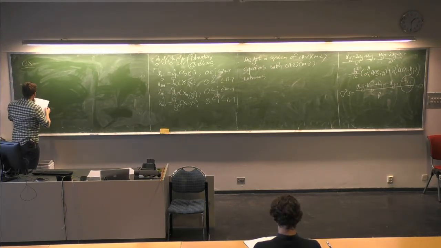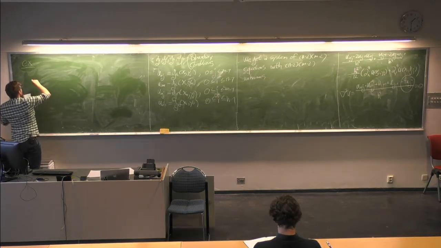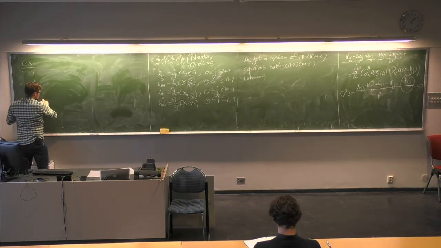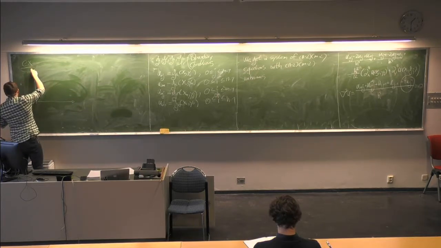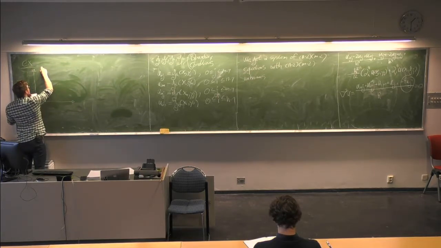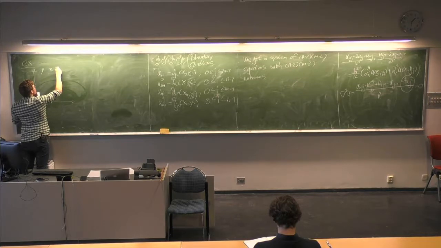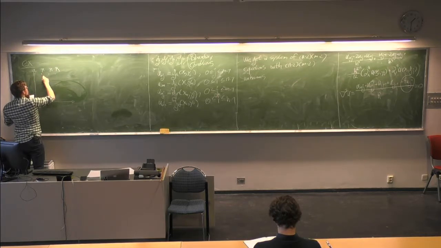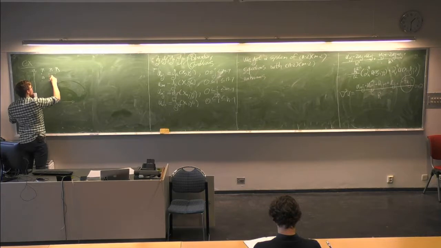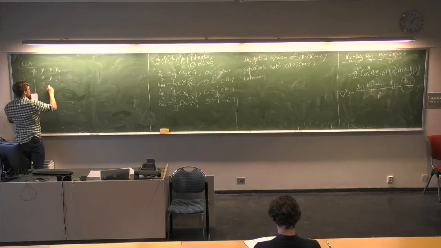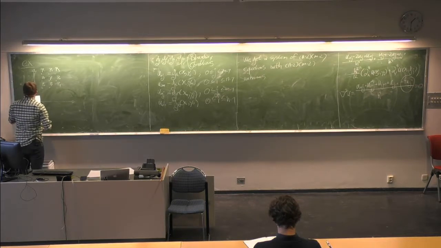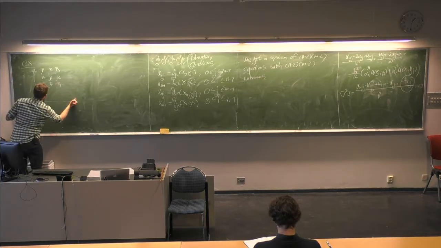So, an example here. We get the grid with points P1, 2, 3, 4, 5, 6, 7, 8, 9, which we're going to solve on a grid.